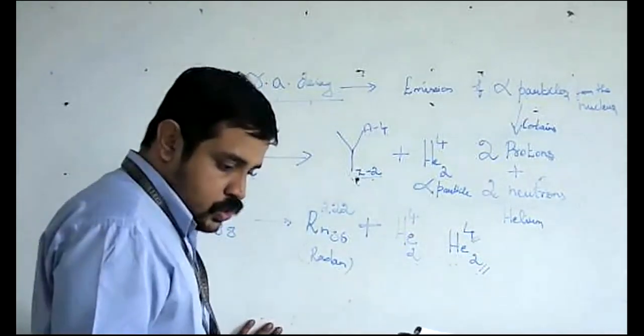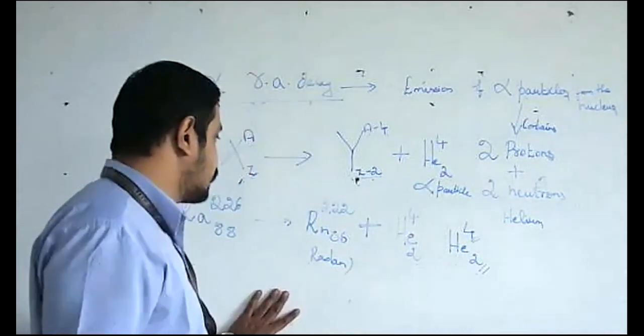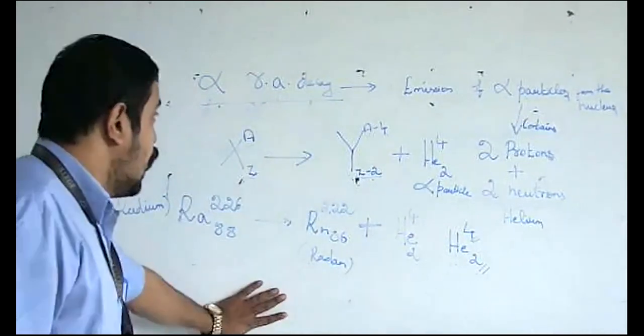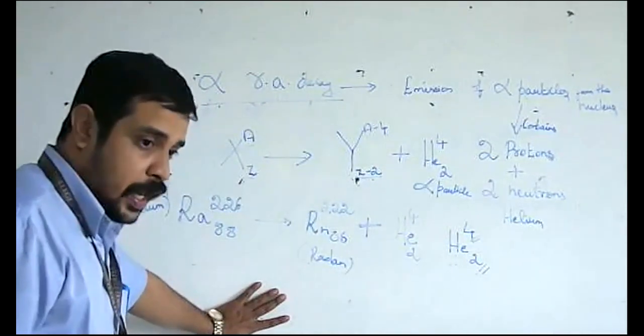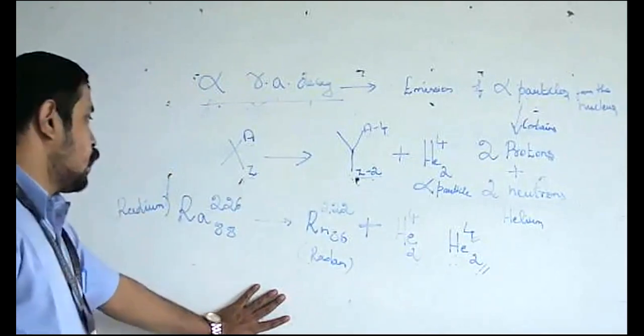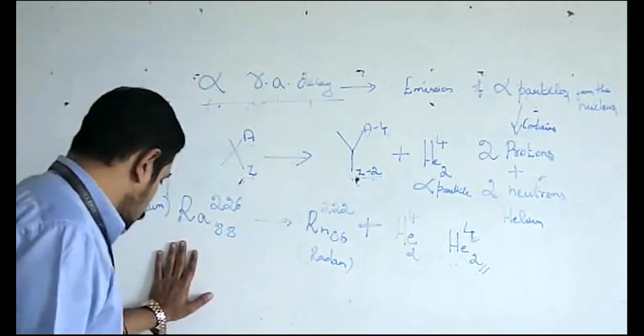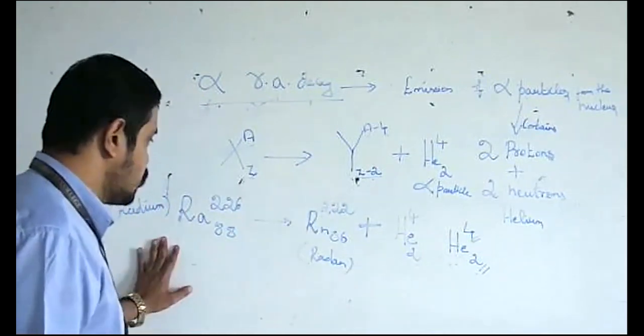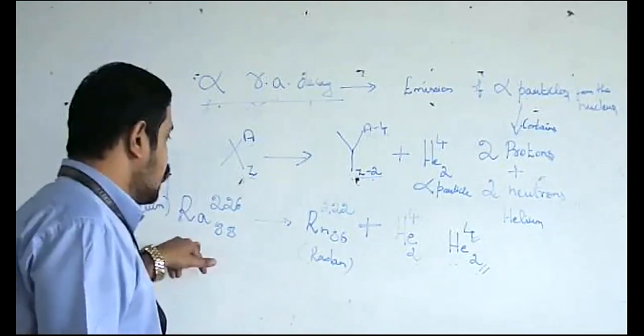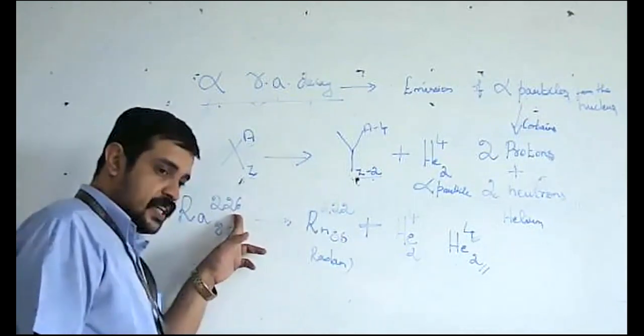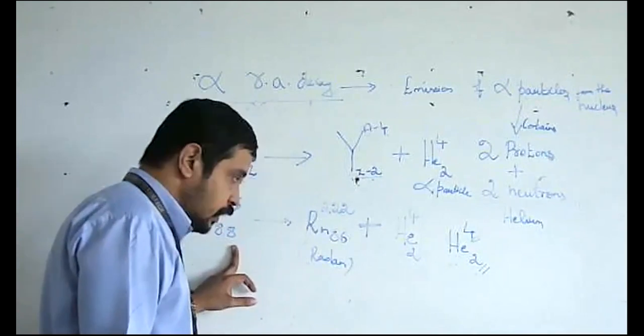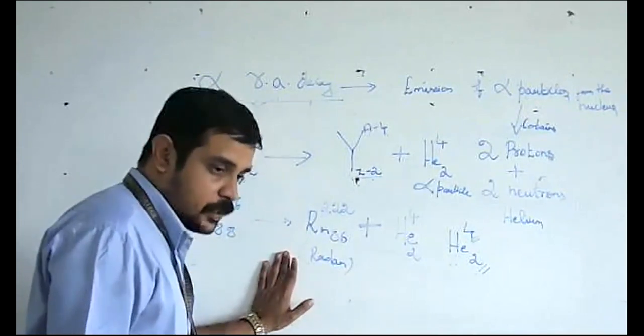Okay? So this is a very good example of alpha radioactive decay. Once again I am telling you, the radium, which is represented by the symbol Ra, has a mass number of 226, atomic number of 88, undergoes alpha radioactive decay.